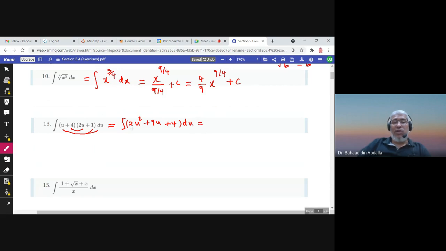So the answer would be 2 times u cubed over 3. We add 1 to the power, plus 9. 9 is a constant, we take it out, and then we add 1 to the power, so 2, and we divide by that number, plus 4, and the integral of 1 is u plus c. So that's the answer.